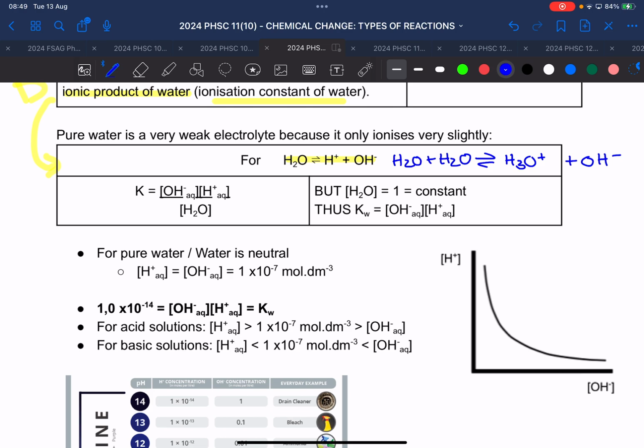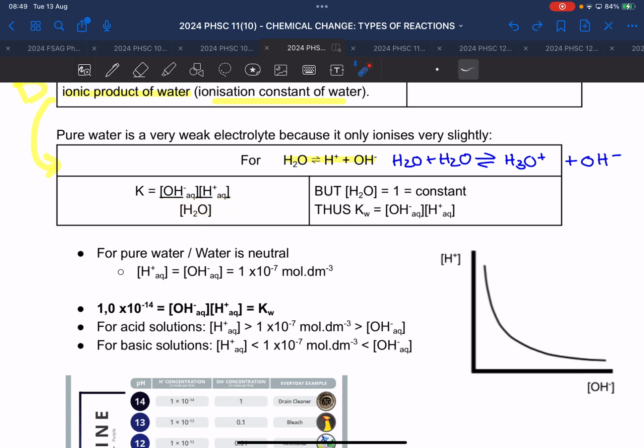But since water cannot dissolve in itself, water's concentration won't change. Water's concentration will always be 1. It will always be the same. So it will be silly to write down over the concentration of water, because water can't dissolve in water. It can't be diluted. So that would have been over 1. So instead of writing that, we just write it like this.